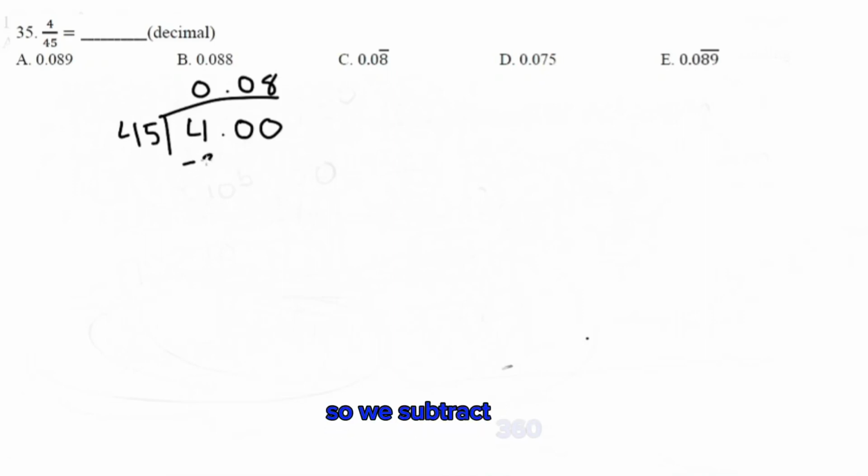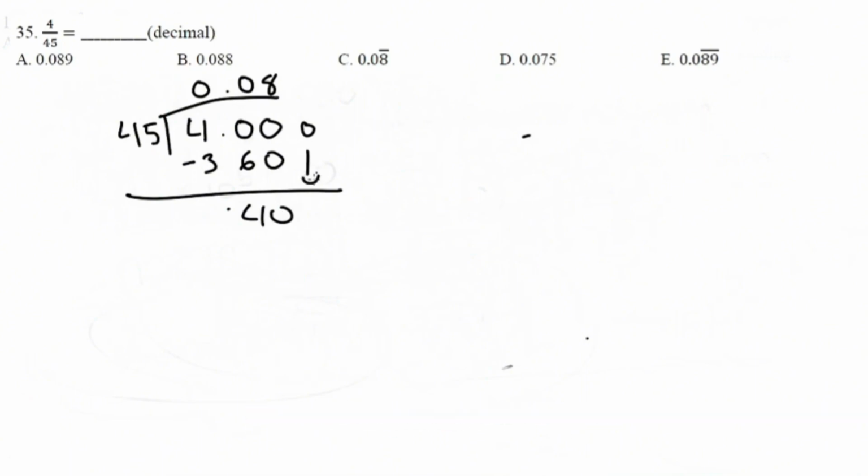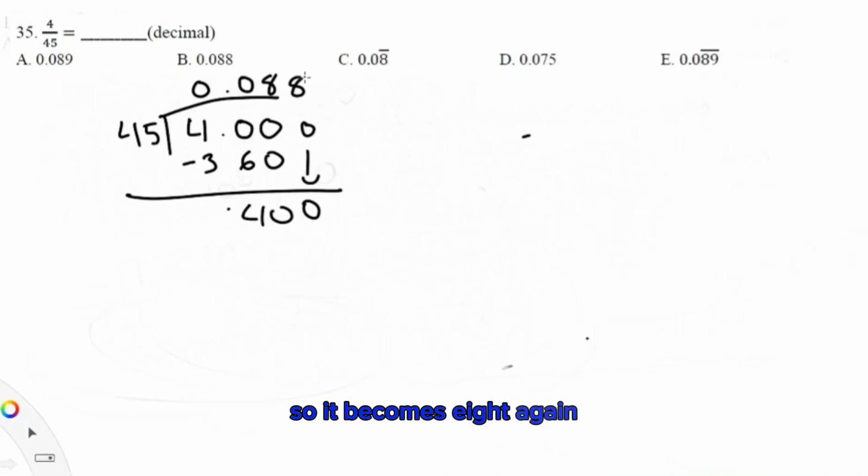We subtract 360 and we're left with 40. Now we bring down the next 0, so that's 400 again, and it becomes 8 again. Now we're just going to keep repeating since we have this pattern.